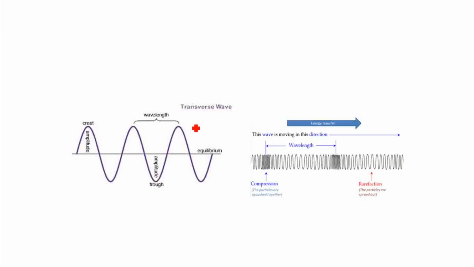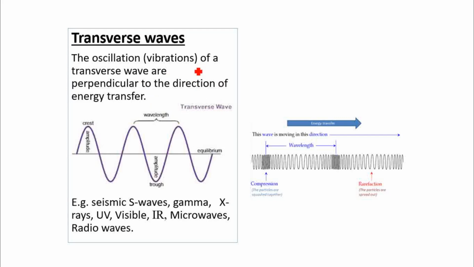But by definition, you need to know that in a transverse wave the vibrations, or your textbook would use the word oscillations, are perpendicular to the direction of energy transfer. Here are some examples of transverse waves: S waves, which your triple science students would know, a type of earthquake wave.